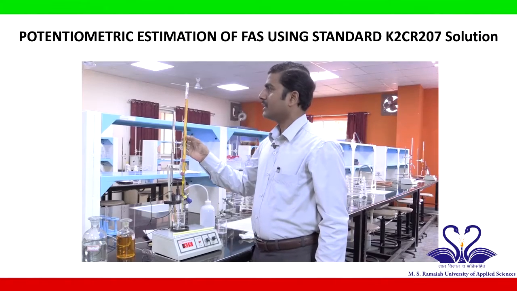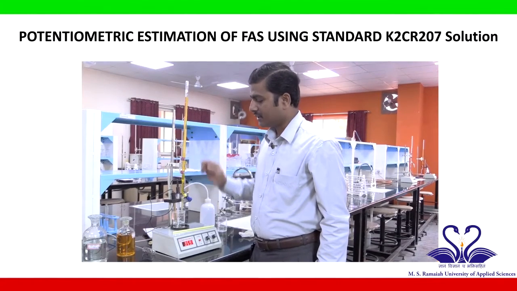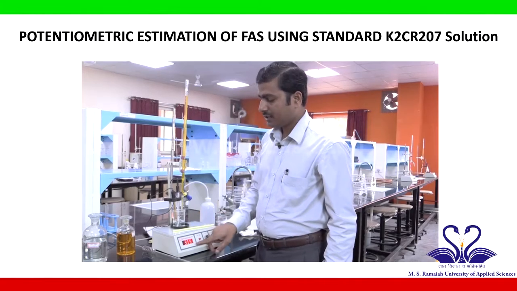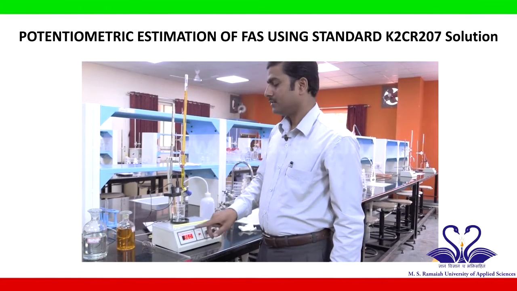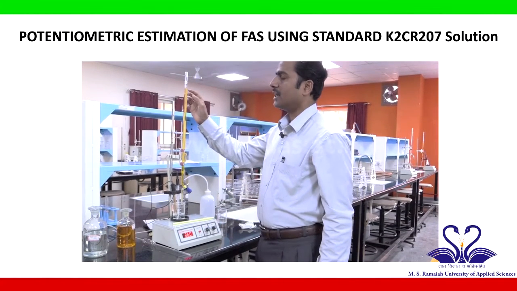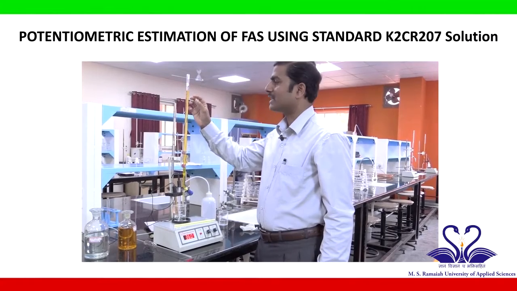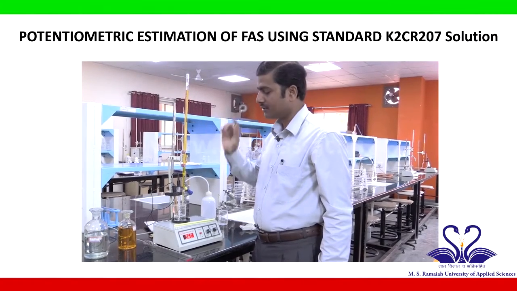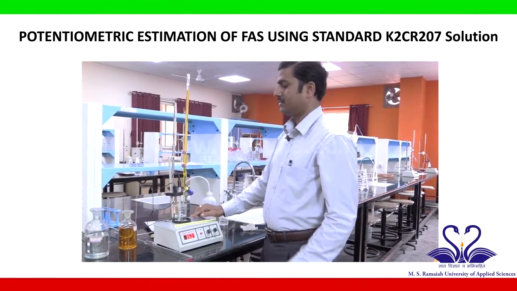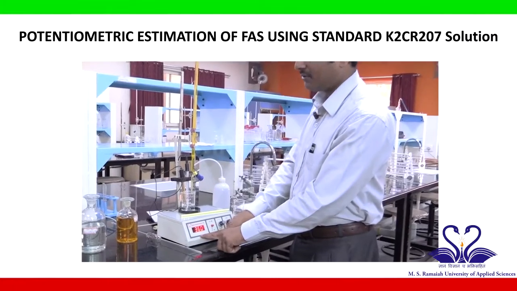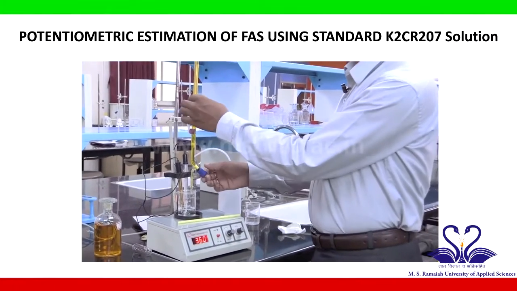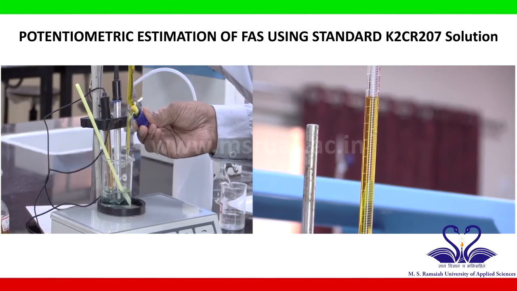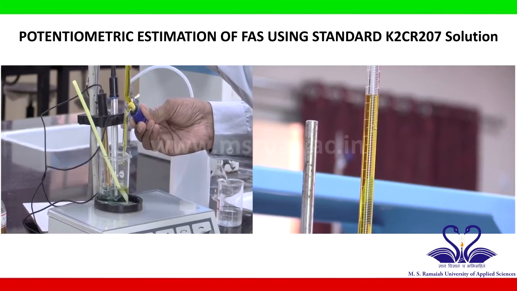Before adding potassium dichromate solution into the beaker, we need to record the potential value, and then we should start adding 0.5 ml increments of potassium dichromate solution into the beaker. So first the value will be recorded, and then we are going to add potassium dichromate solution.